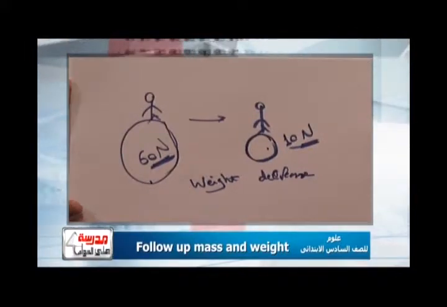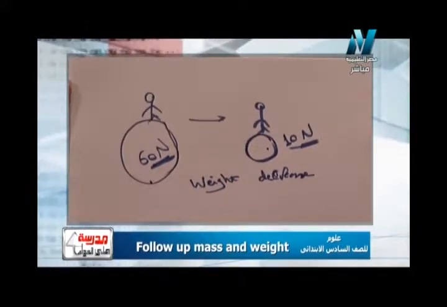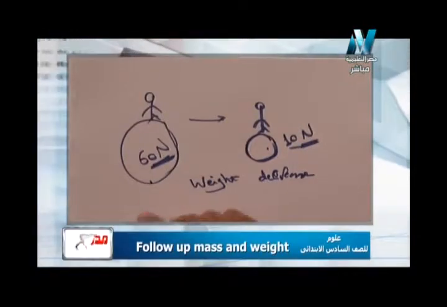So again we can say that the second factor، العامل الثاني اللي بيأثر على الويت هو البلانيت او البليس where the object exists، المكان الموجود فيه الجسم. For example if you change your place from the earth to Mercury, to the moon, to Jupiter, what happens if you stand on Jupiter?